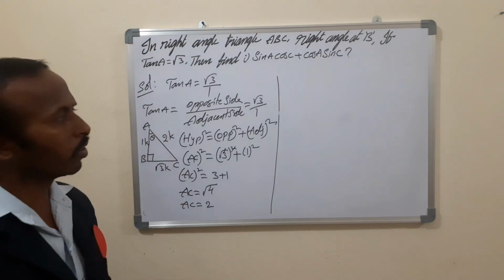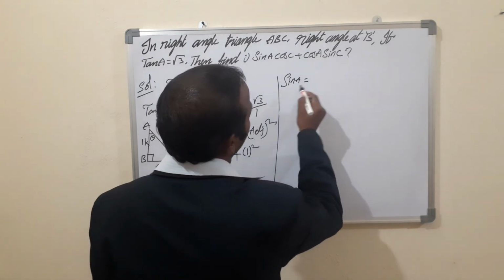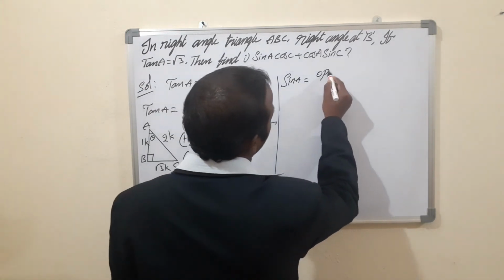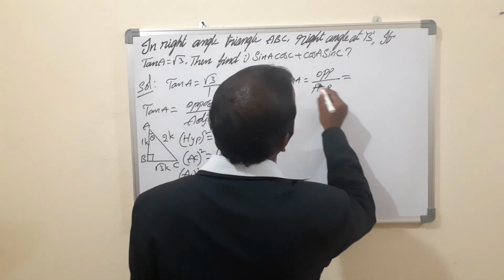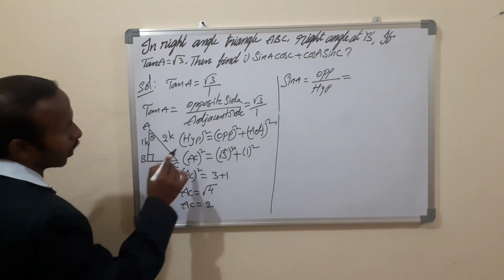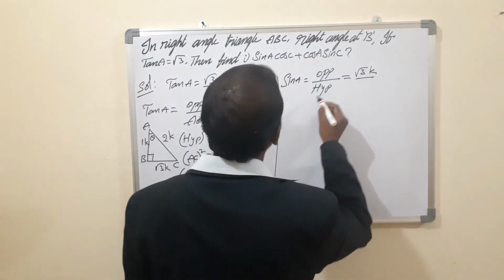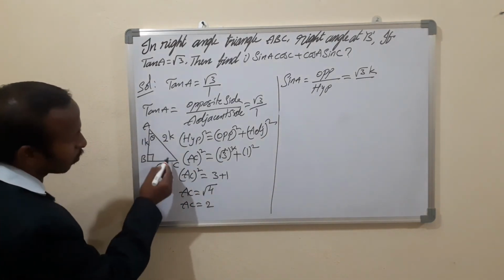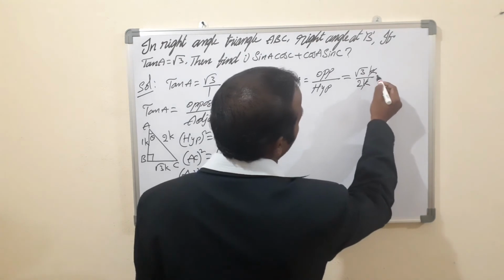Now sin A value is, sin A equal to, the formula of sin A is opposite side by hypotenuse equal to opposite side, that is to the theta opposite is BC, that is root 3K by hypotenuse. Hypotenuse is how much? That is 2K. Now K get cancelled.